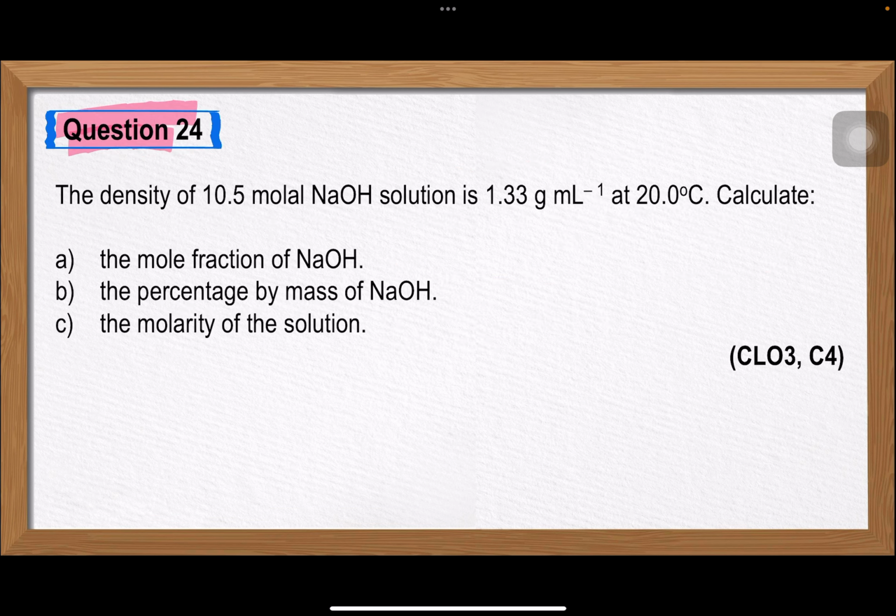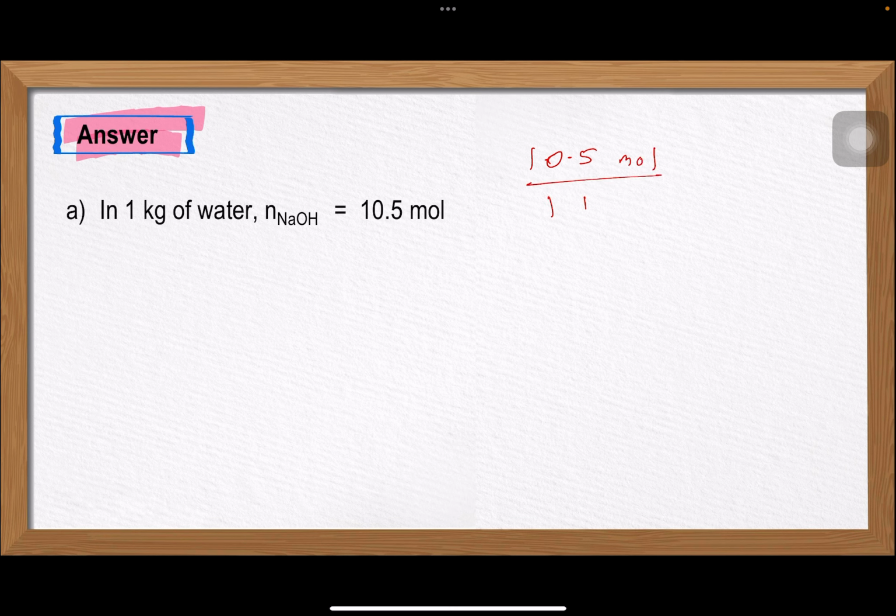Okay, number 24. Given the density, calculate the mol fraction, percentage by mass, and molarity. So first, we have 10.5 molar. When we have 10.5 molar, it means 10.5 mol in 1 kilogram solvent.